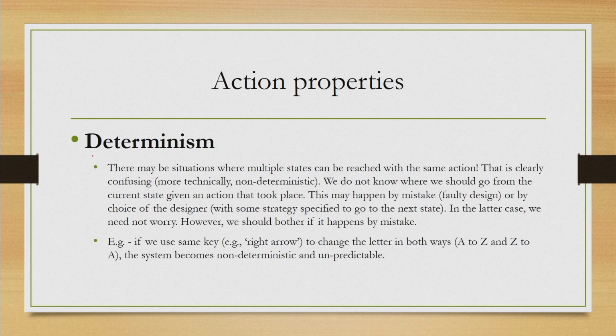The other property is determinism. Now, sometimes there may be situations where multiple states can be reached with the same action. Now, that is confusing. So, you perform an interaction and you do not know what the next state will be, because multiple states can be reached based on that action. Again, this may be by design.